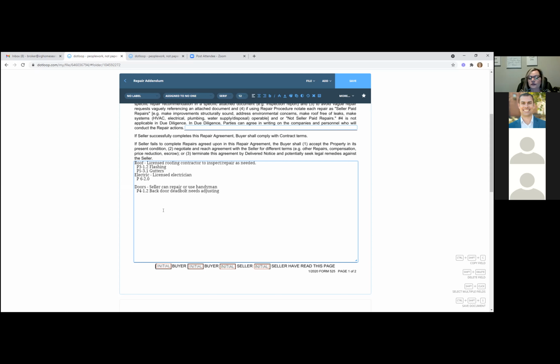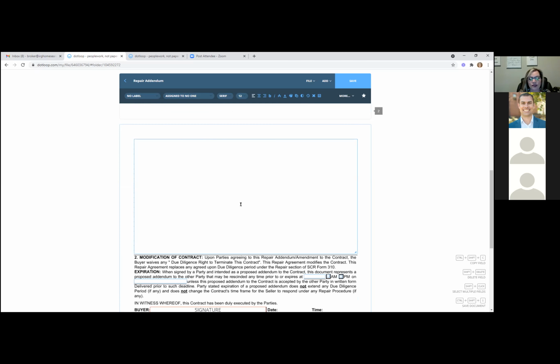They put a strike through here and said, no, we're not going to do this. Every seller has to initial and date the change, and every buyer has to initial and date the change if they agree upon that.